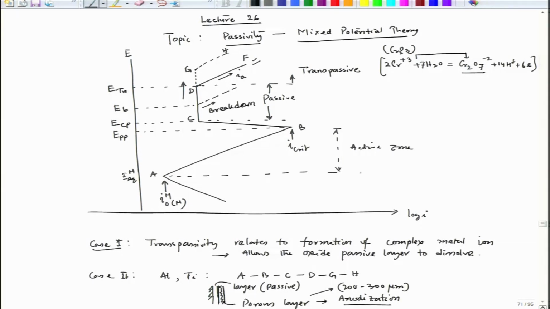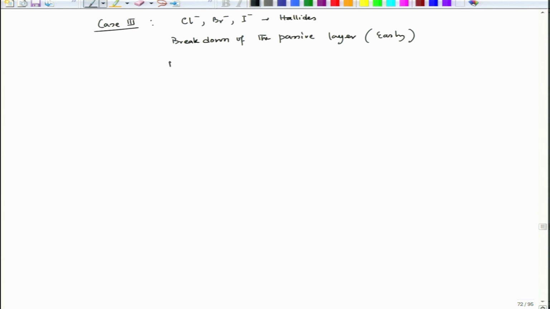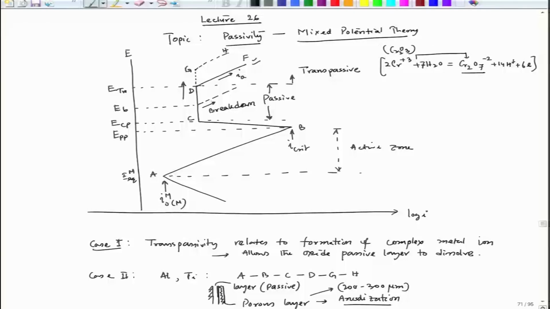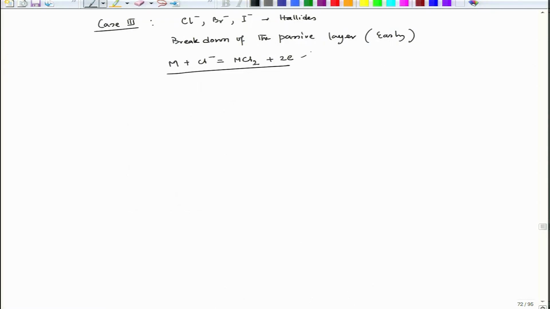This breakdown happens because of this reaction: the metal can react with chloride to form metal chloride plus 2E. Again, it is basically an anodic process, and the reaction goes towards the anodic side, and because of this the metal oxide layer dissolves, and this dissolution happens mostly as localized dissolution.